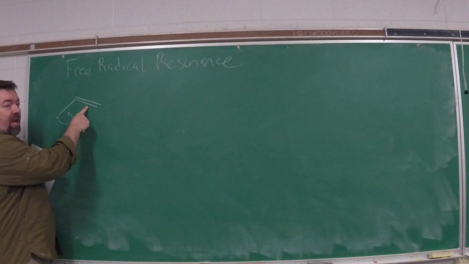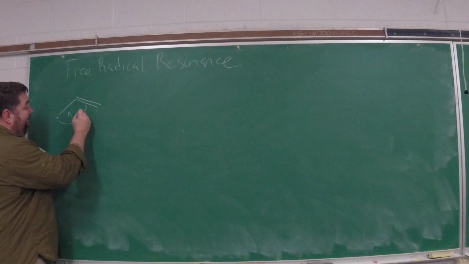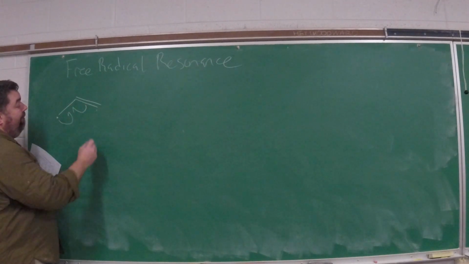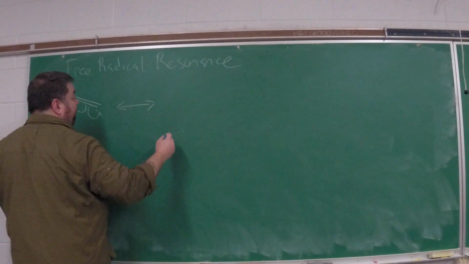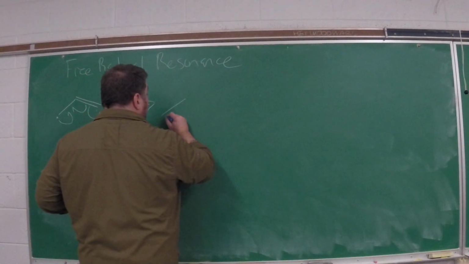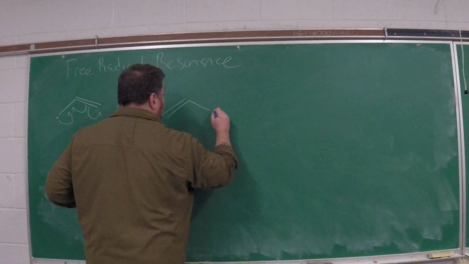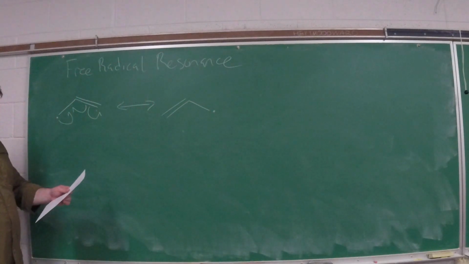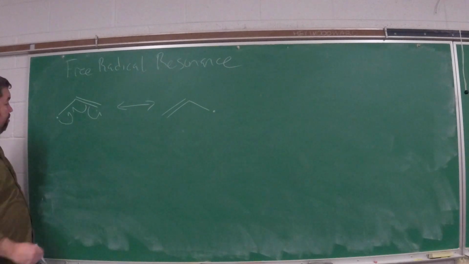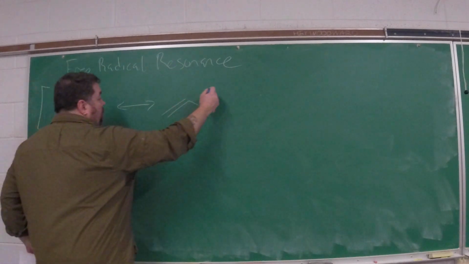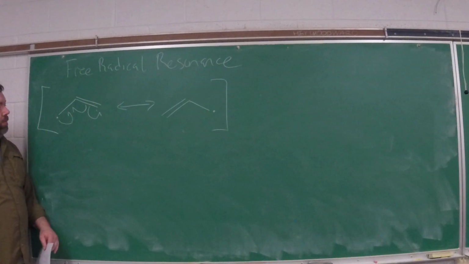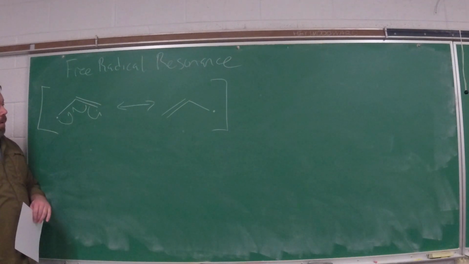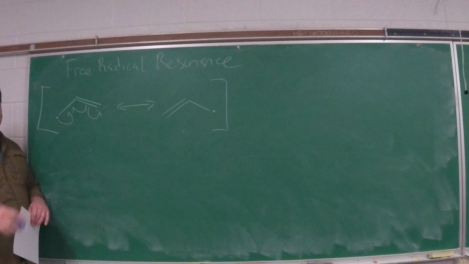Well, there's pi electrons here in a double bond. And thus we end up with this. Just like that. Pretty straightforward, right? Put your brackets. Okay? And then you can go back the other way, right?